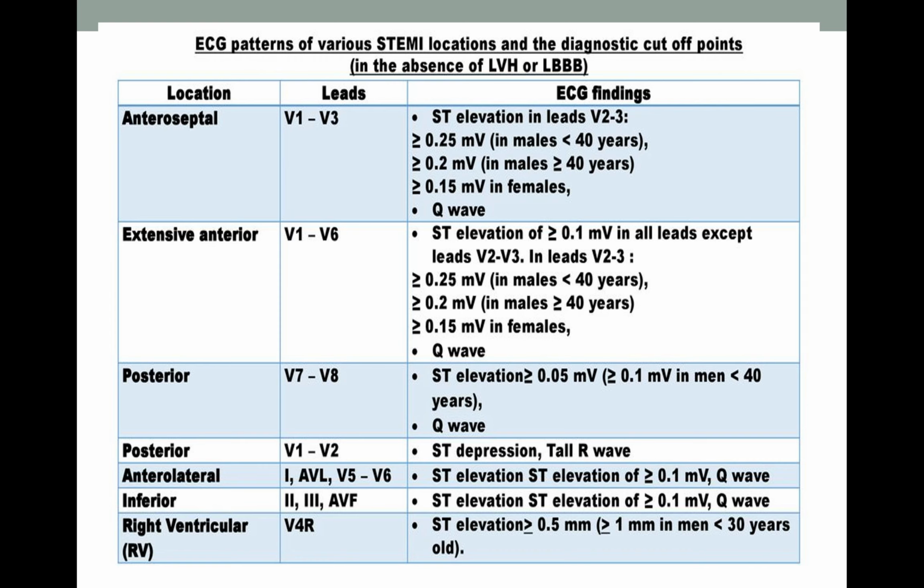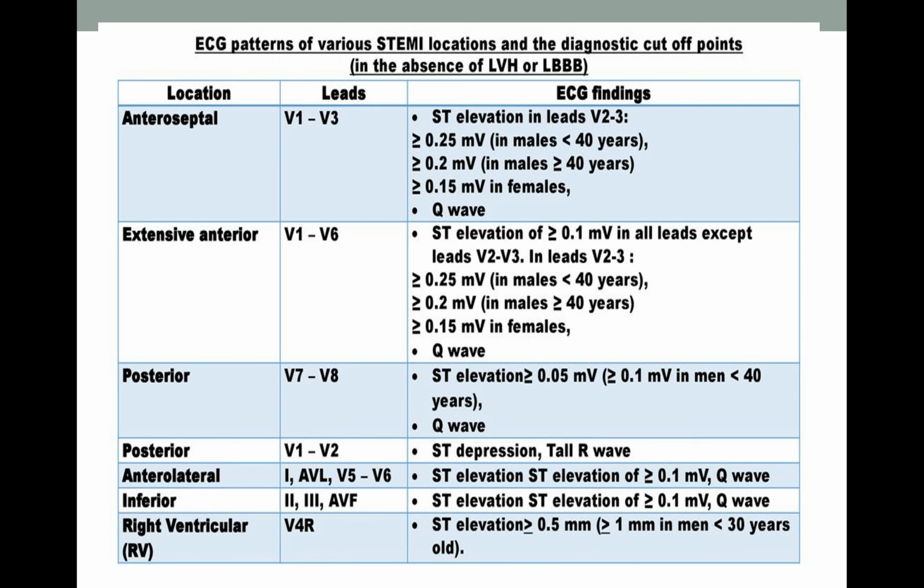For easy remembering, I would usually just take 2 mm, 2 small boxes, for leads V2 to V3. So other leads will be if there's more than 1 small box in 2 leads. For V2 and V3, it will be if there's 2 small boxes in more than 2 leads.